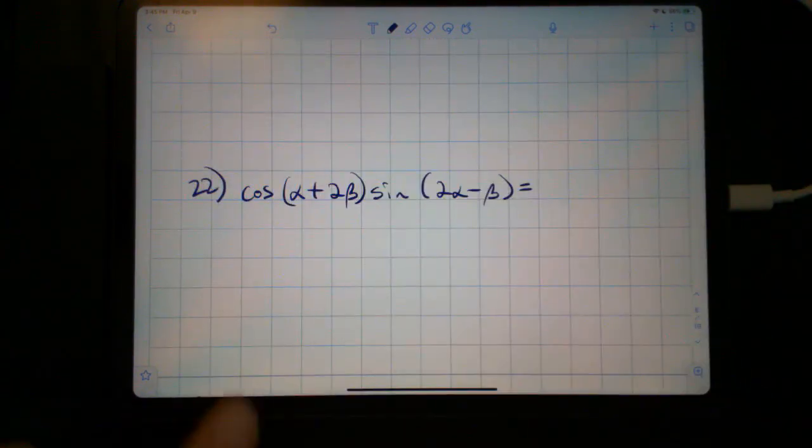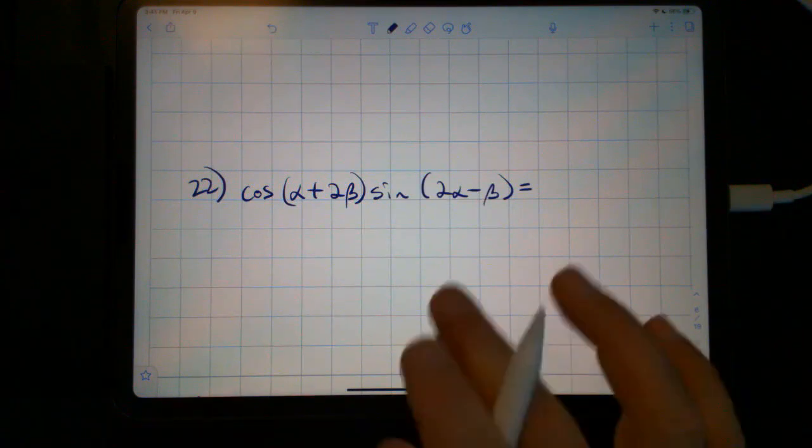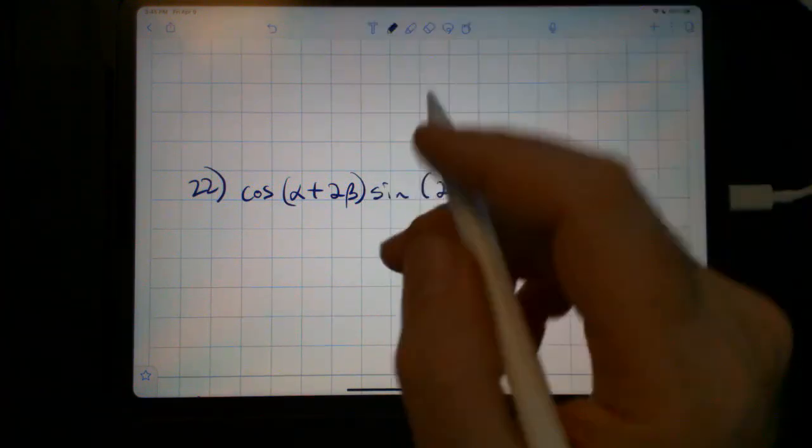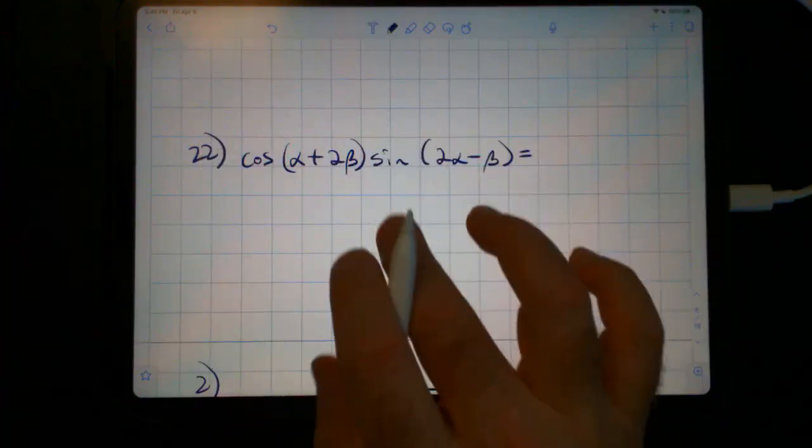So here we have cosine of one angle times sine of a different angle. Let's put that sine out in front.